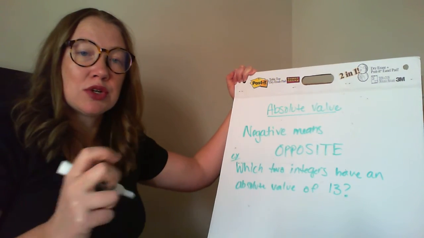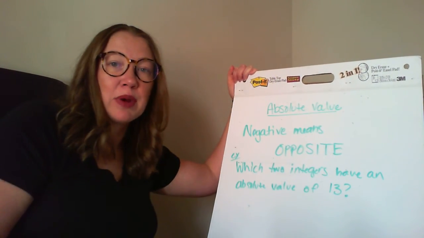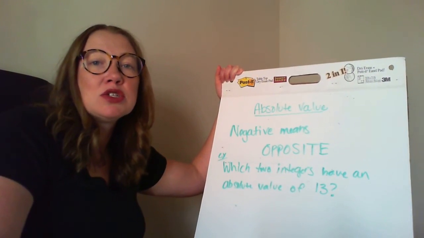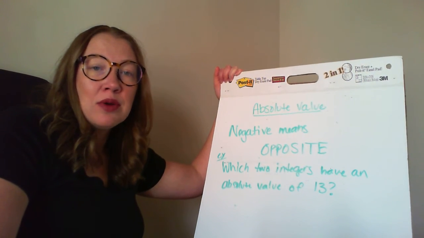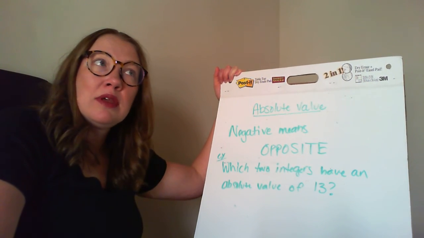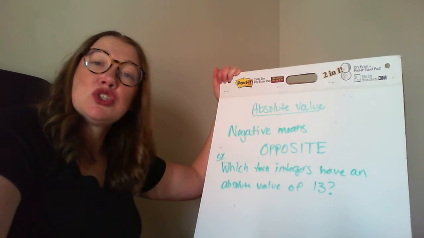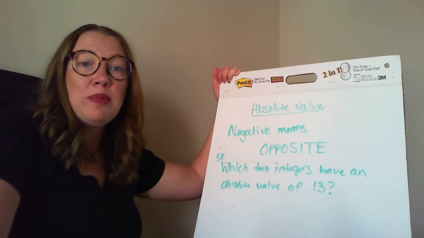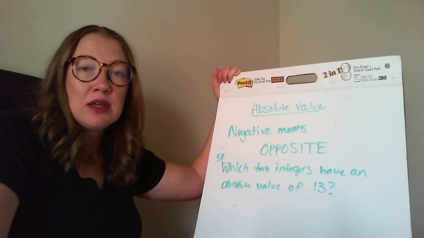Which two integers, so there's going to be two answers to this problem, which two integers have an absolute value of 13? In other words, which two numbers on a number line would be 13 spaces away from 0?